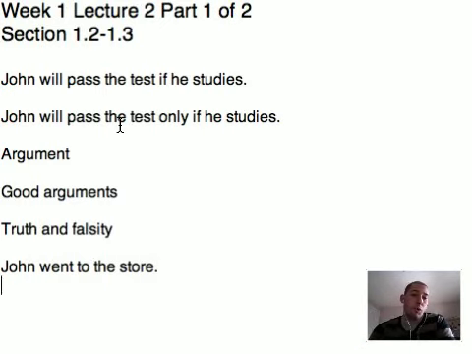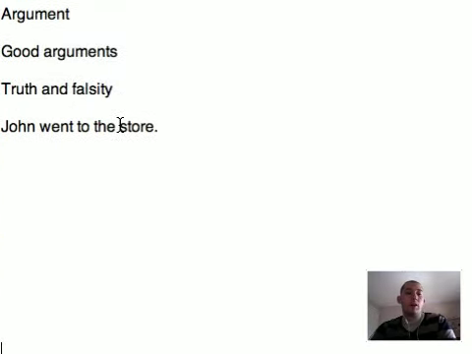But this isn't so with all sentences. If you think about another sentence like, "Go to the store," this sentence isn't true or false. It's a command. You might tell John, "Go to the store." You can't say true or false to that unless you're being funny. Truth or falsity isn't a property of commands, nor is it of things like, "Did John go to the store?"